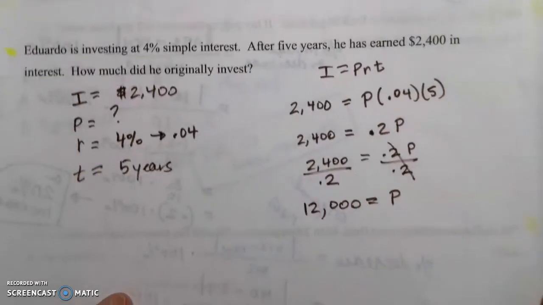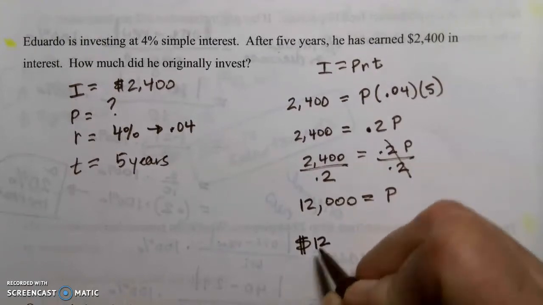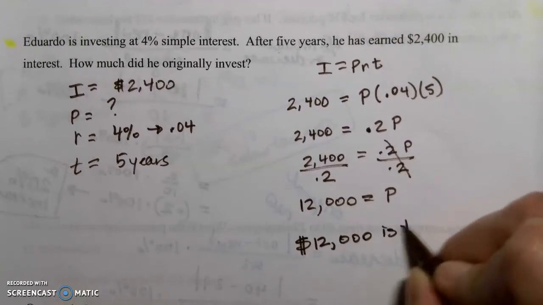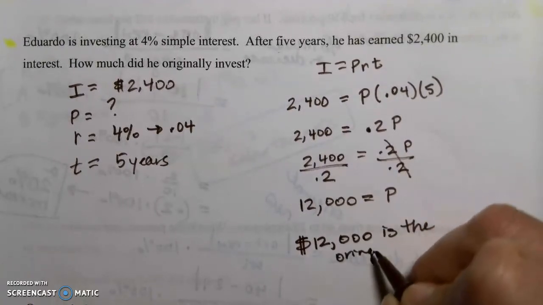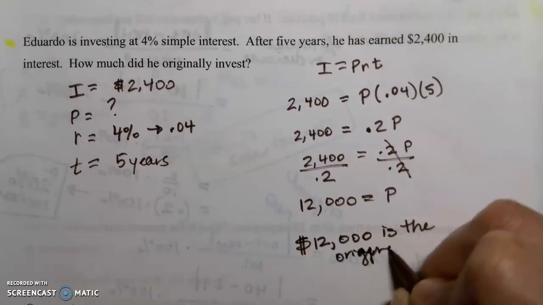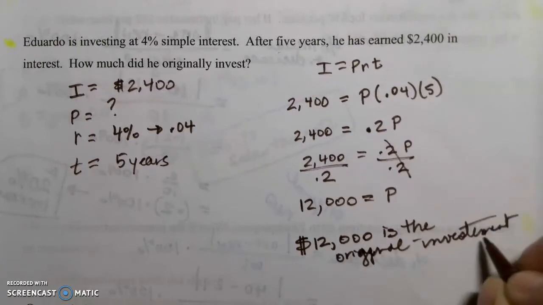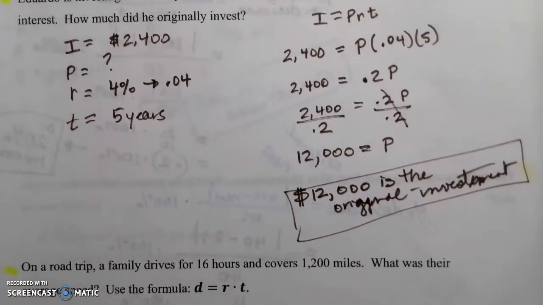And don't forget this is an amount of money that was invested. So you would want to put the dollar sign on there and say $12,000 is the original investment. Something like that for your answer.